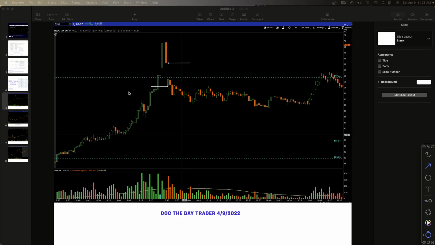So once again, we have another strategy here. We have this gap fill strategy, right? But this time on the downside. So we have a gap here from here to here that needs to be filled.